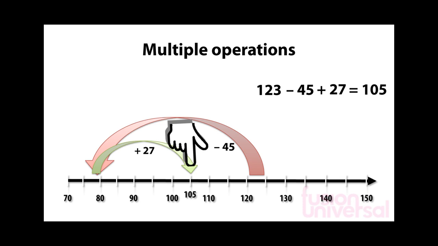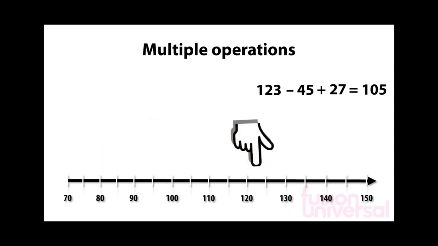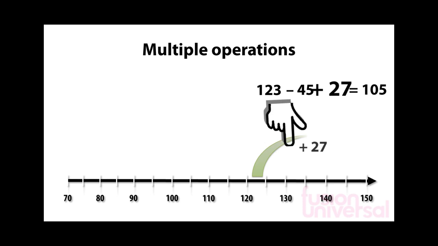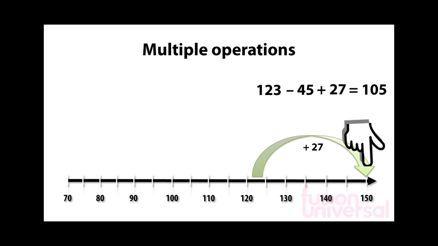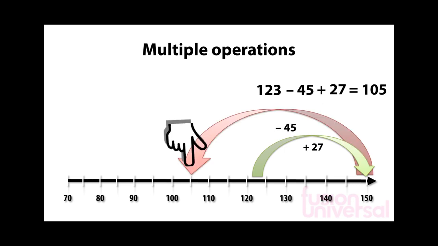If we try a different order by starting back at 123 and first adding 27, this is a much easier calculation, giving us 150. From here we then take away 45. Again, this is easy, giving us 105 as the answer.